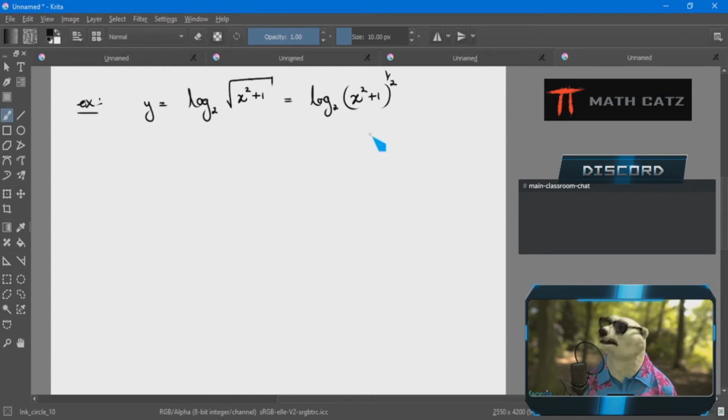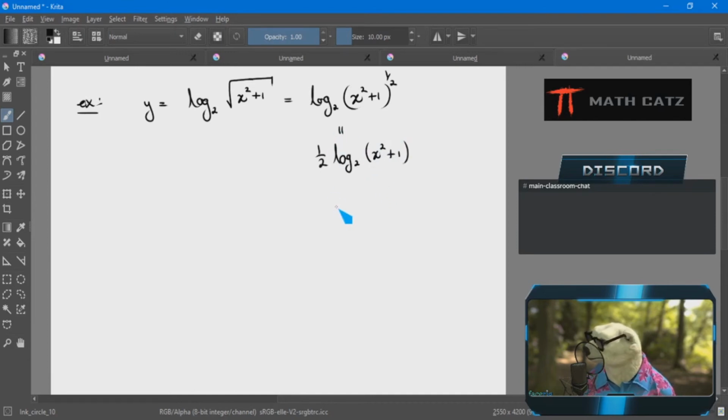It's not necessary, but it's going to make my life much easier if I now say this is 1/2 log of x squared plus 1. Because now I have a simpler function as my inside function. So it's much easier to work with.